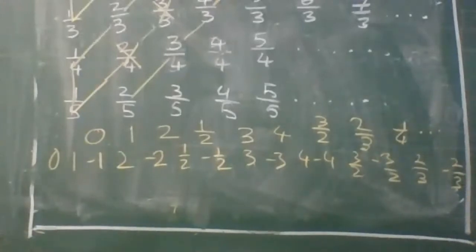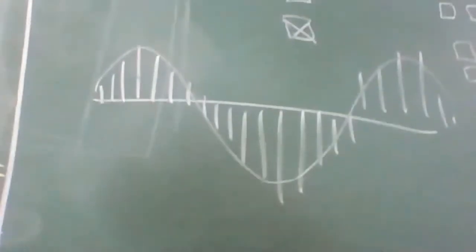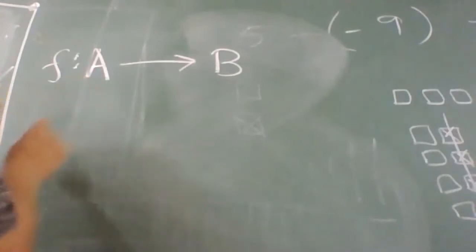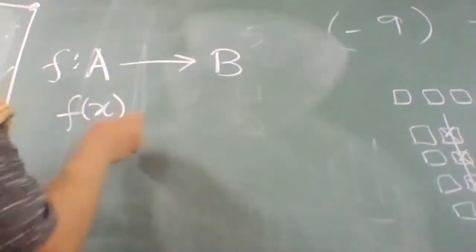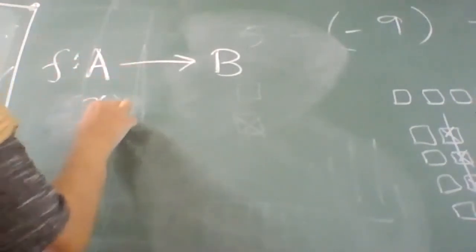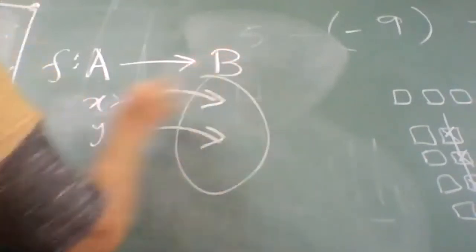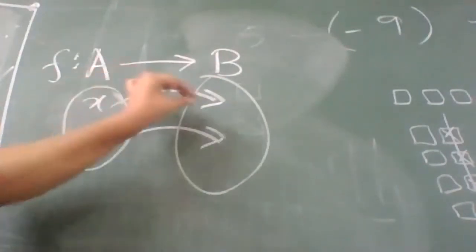Okay, so one-to-one means, let's say, suppose there are two sets and there is a function, a map, you're mapping from the set A to B. For one-to-one, if you have two elements, x and y in A, then f of x and f of y will go to different places in B. This is B, this is A. They will not go to the same thing.